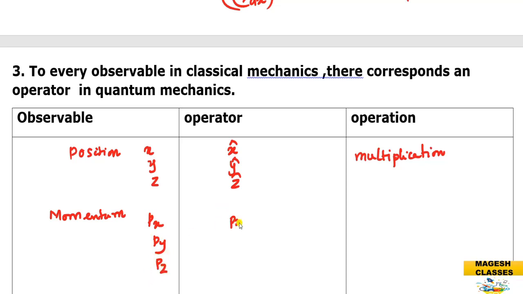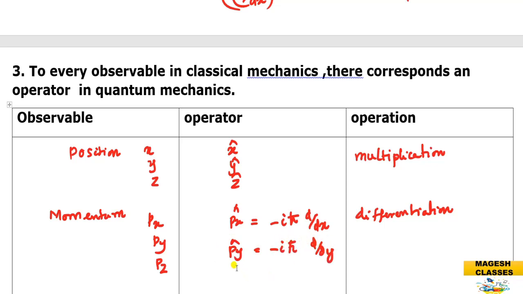So px, py, pz. The operator px is equal to minus i h cut d by dx. What is the operation here? It is differentiation. In case of py, what is the value? Minus i h cut d by dy. Pz is equal to minus i h cut d by dz.